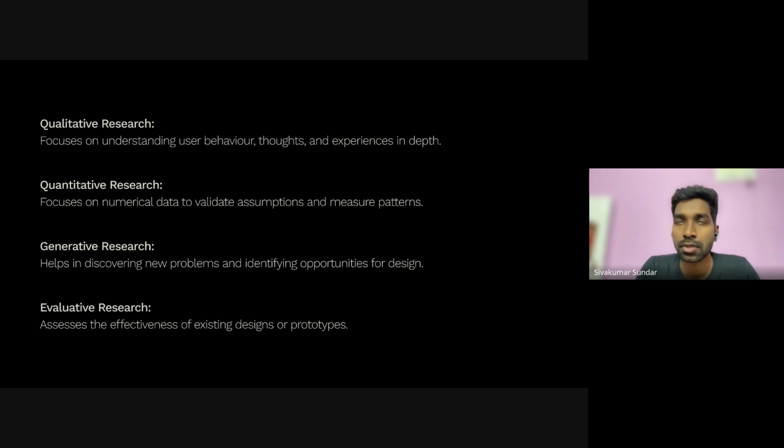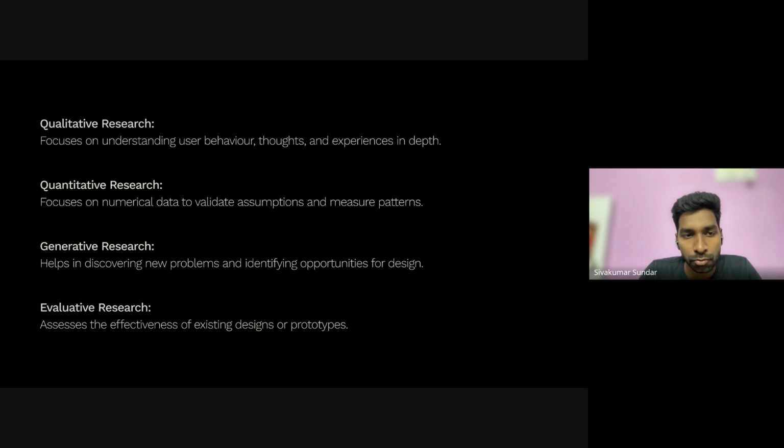So qualitative research is basically where you have assumptions, right? You know there's a problem, but how do you identify the user behavior around that problem? Say, for example, I have difficulty in charging my device.